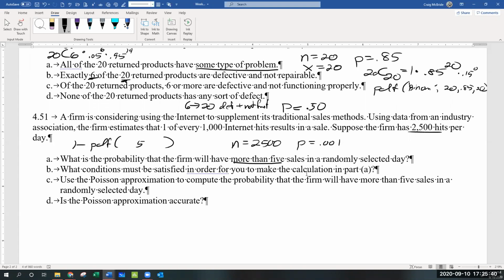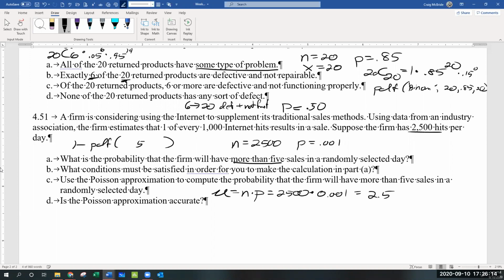Then part C says, let's approximate this with the Poisson approximation. To do that, we need to calculate one thing, and that is the mean, the mu. You have to remember that the mean of a binomial distribution is simply n times p, or in this case, 2,500 times 0.001, or 2.5.